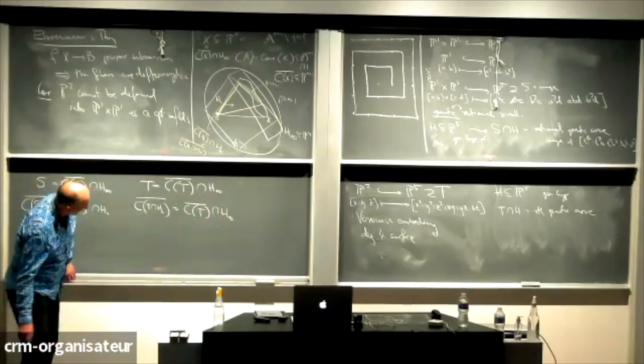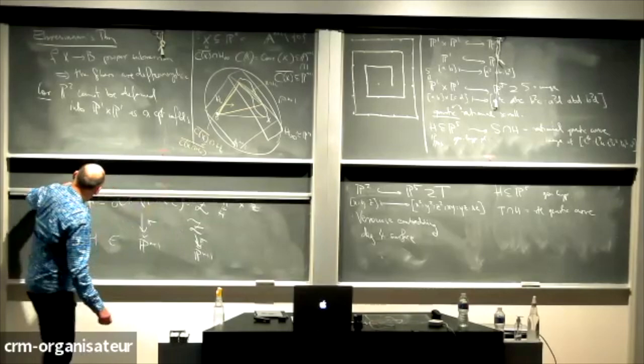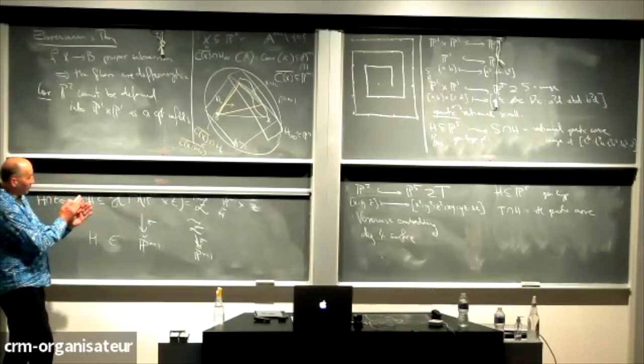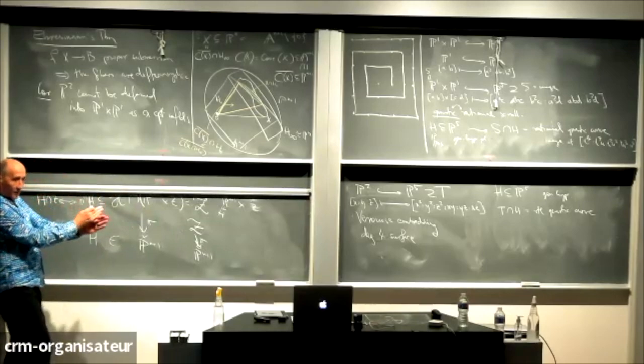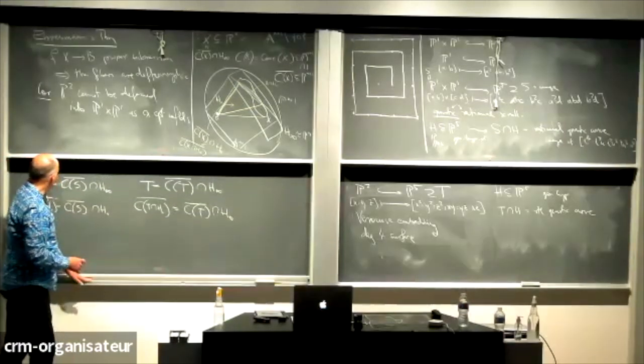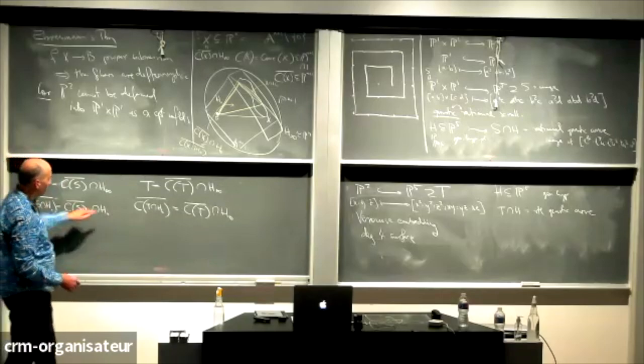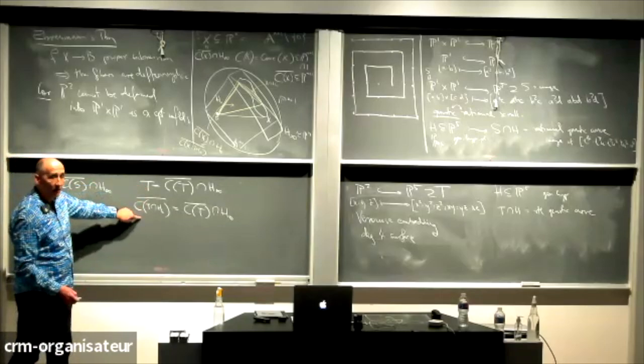So now, if we peek behind this, we have here that hyperplane sections of one thing are deformation equivalent. So that means that I can deform S to this and T to this.